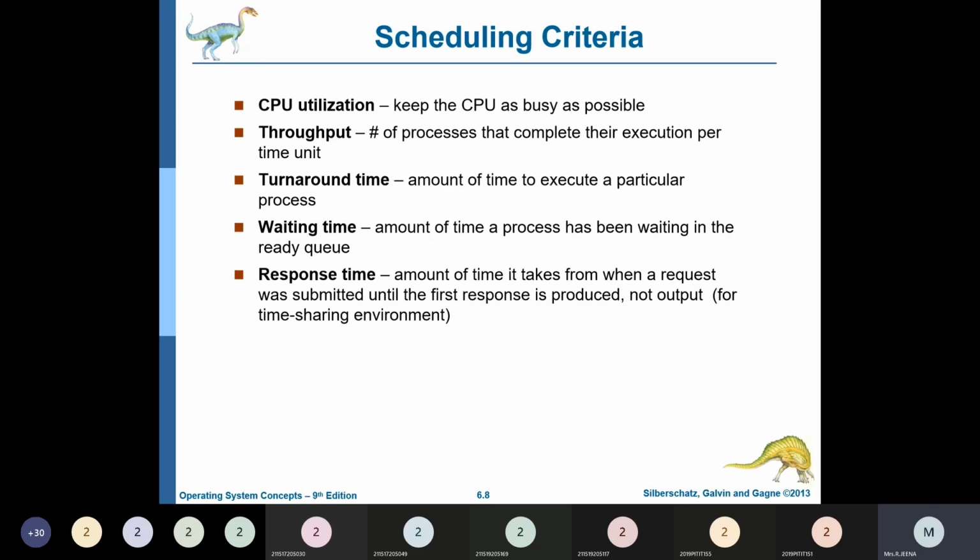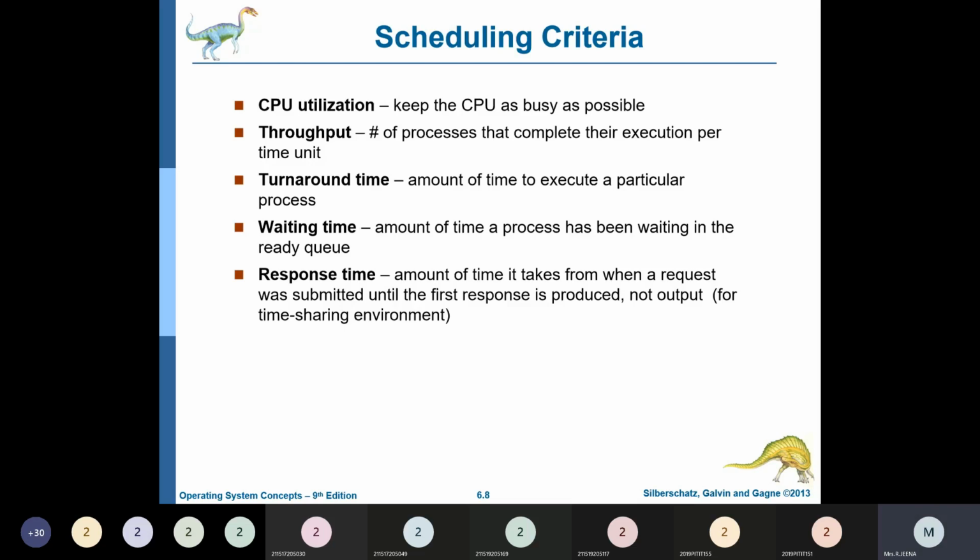But in real time systems, the range is between 40% to 90%. When it is 40%, we call it a lightly loaded system, and when it is 90%, that is when it is used to the maximum, we call it a heavily loaded system. That is CPU utilization. Based on that, we may select the CPU scheduling algorithms.